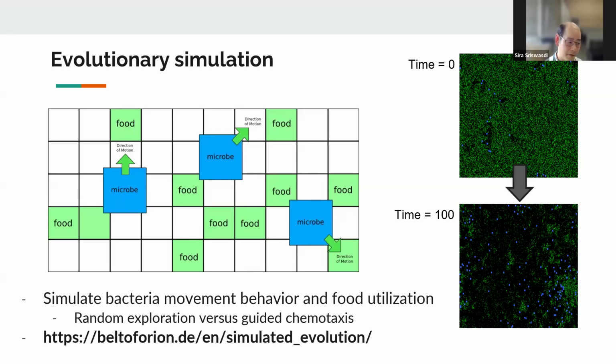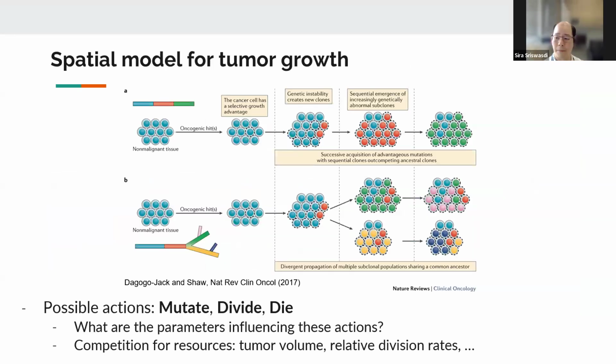This is something that if we know the principle behind the growth of the microbe, the movement of the microbes, then we can simulate the expansion of the number of microbes or the number of colonies on the plate. Some people use this kind of modeling to understand the growth of cancer, because cancer is growing inside the body, so it has a certain limited volume inside our body.